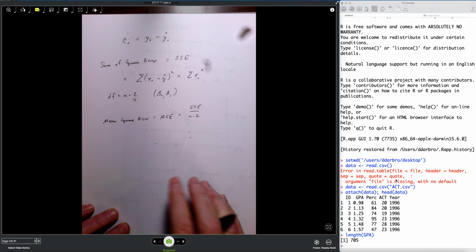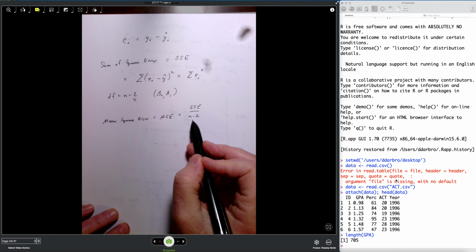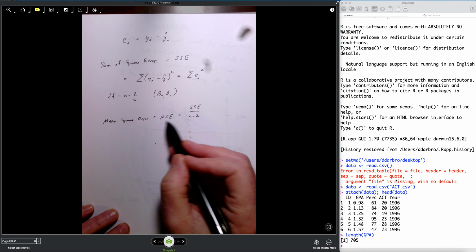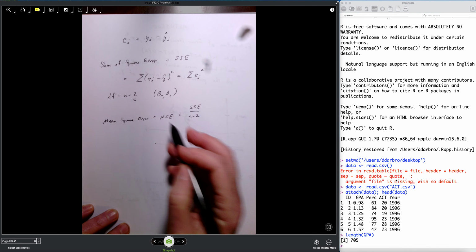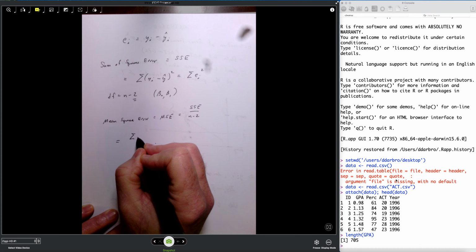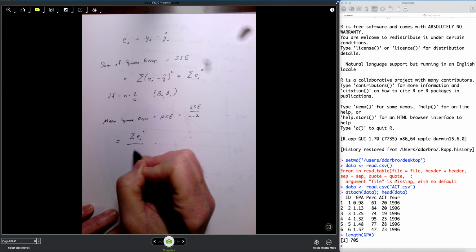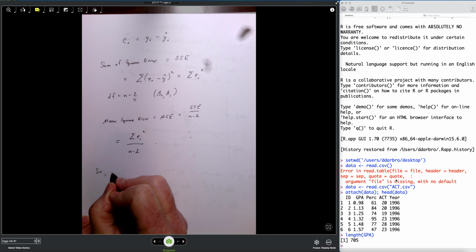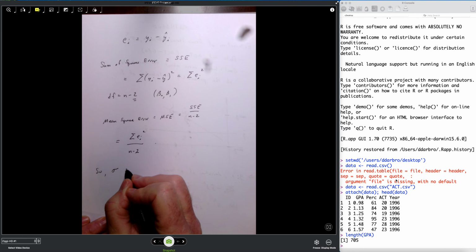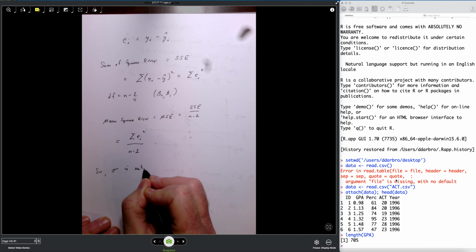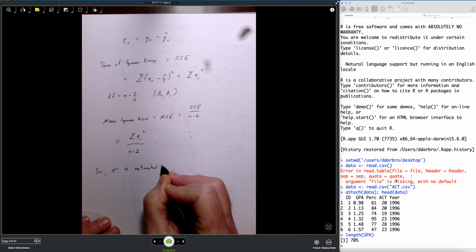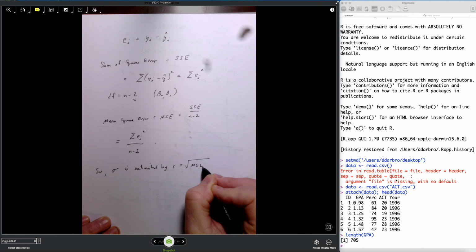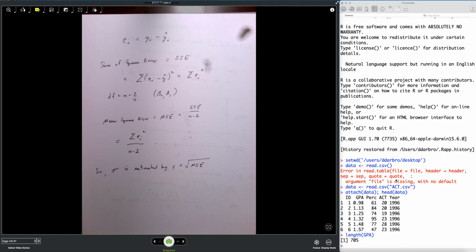So the sum of squares for the error divided by its degrees of freedom becomes the mean square error. So for the most part, this is the sum of the errors squared over n minus 2. So sigma is obviously estimated by S, which would be the square root of the mean square error.